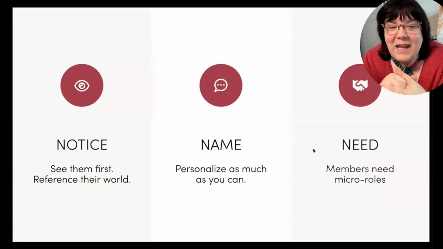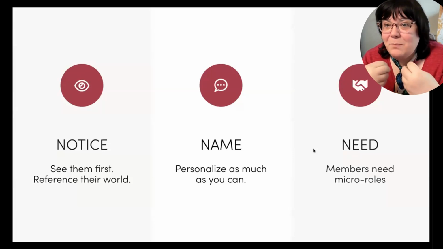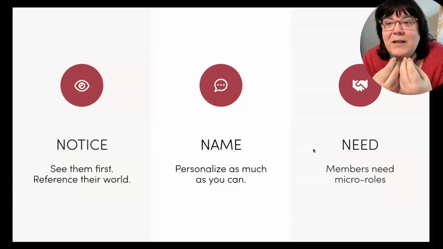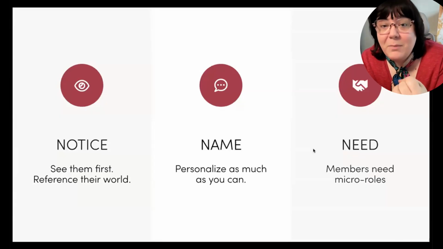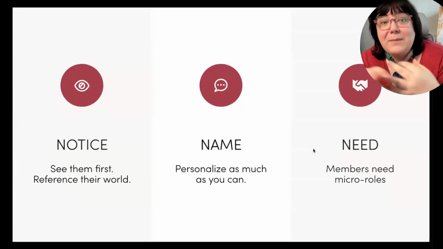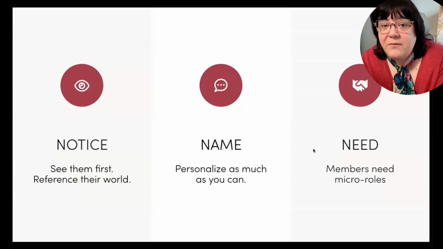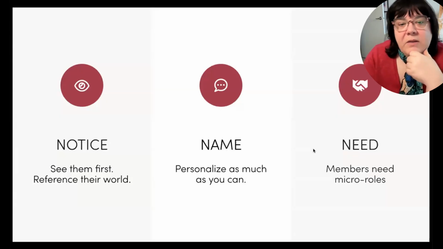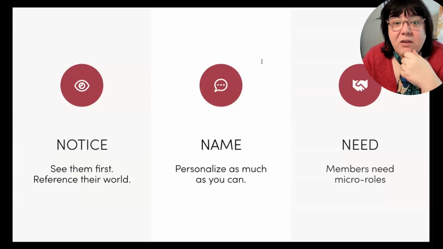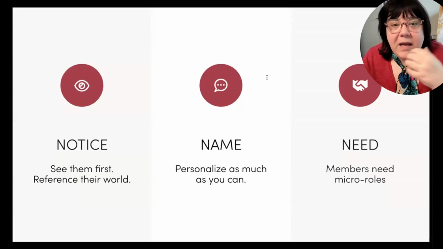The second piece of it is, do they feel named personally? Are they receiving generic information, or are you reaching out with things that are personalized to them, at minimum with their name, at maximum with personal context of their own situation? So in a practical setting, that might look like taking a look at your campaigns, making sure that you're using their names as a greeting.